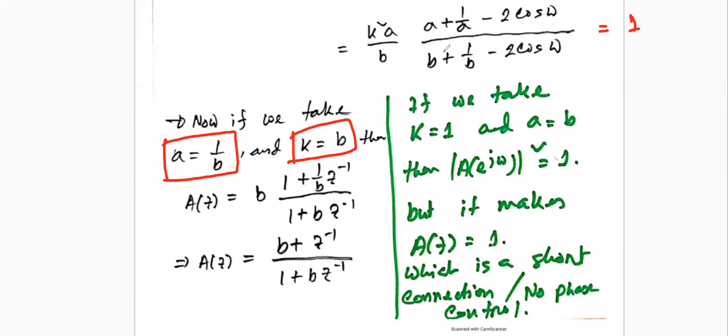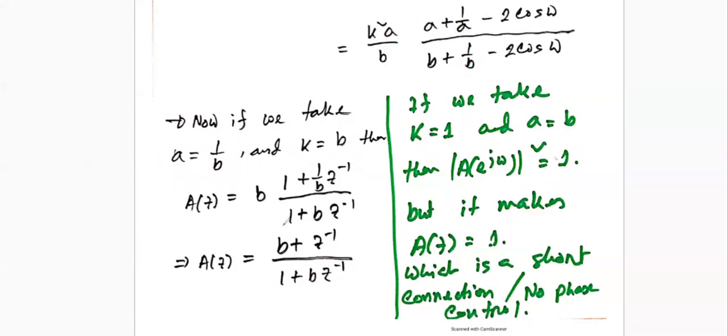So this is b squared and a is equal to 1 by b. So this will give 1 by b and this will give b. Then the numerators and the denominators will cancel each other and that value is equal to 1.